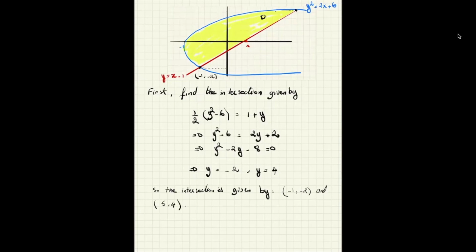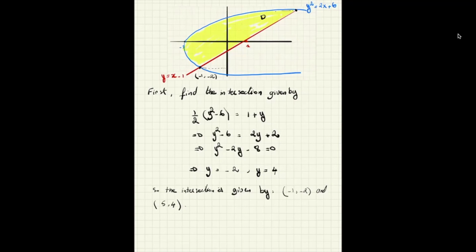Okay. The reason I included this example is not to make you calculate anything specific, but just to make you aware that sometimes you can have a region that is both a region of type 1 and a region of type 2.